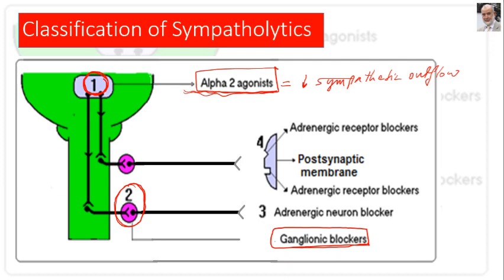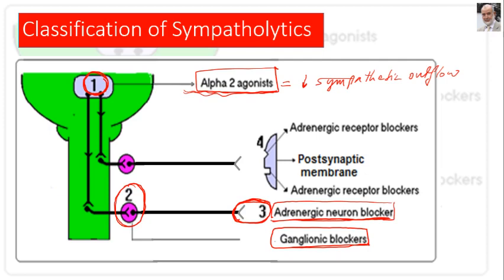The third group acts on the adrenergic nerve terminal. They either prevent the release of noradrenaline from the nerve terminal or prevent its storage, as we will see later. This group of drugs is known as adrenergic neuron blockers. Okay? So we have centrally acting alpha-2 agonists, ganglionic blockers, and adrenergic neuron blockers.